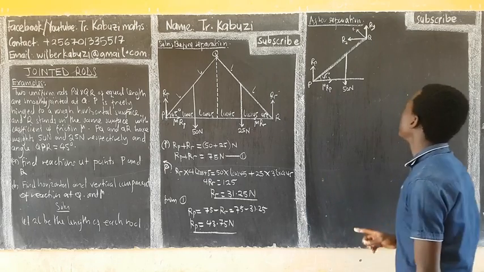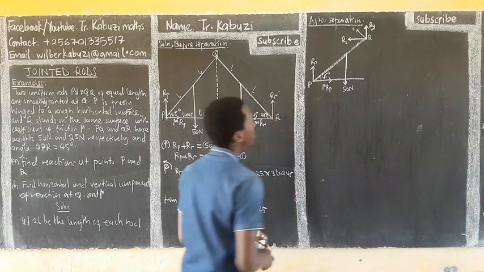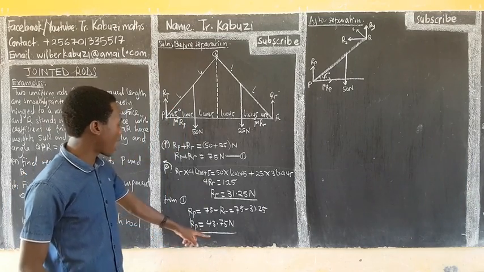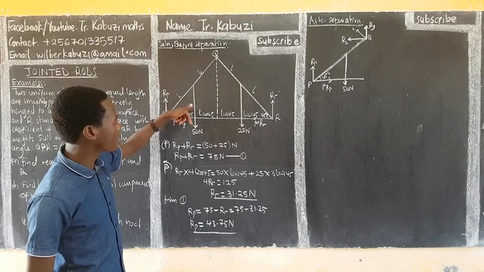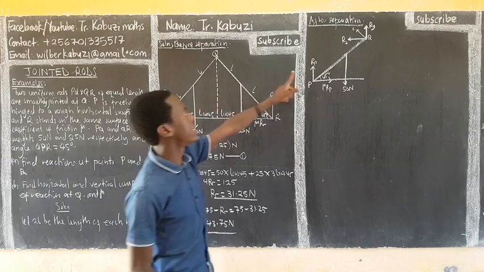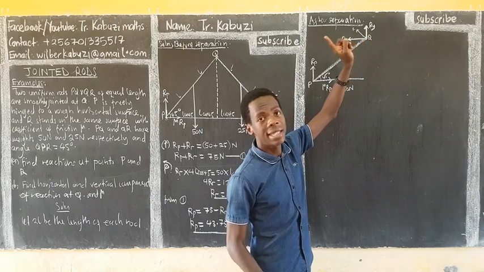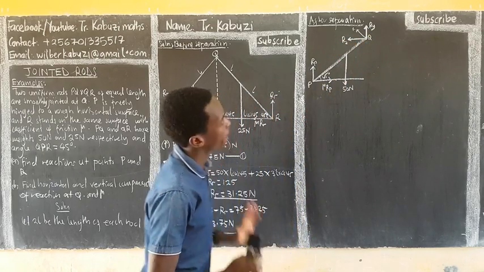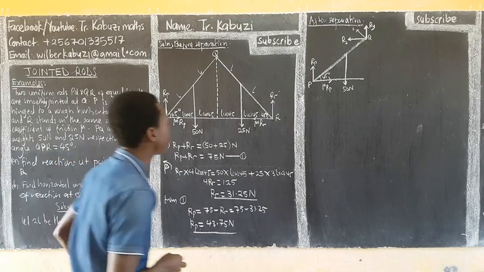So that's the point I wanted to make today. So it shows that whenever you get RP smaller than this force, always this vertical component of the reaction at the joint is going to be acting upwards. That point is home now. I can handle the rest.